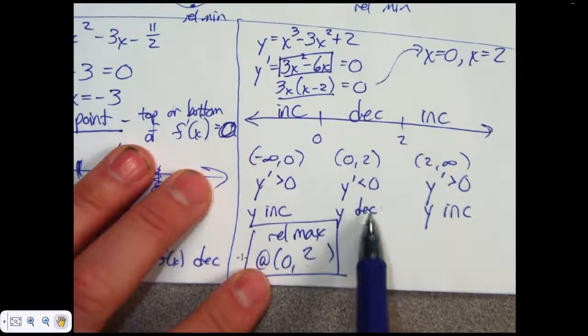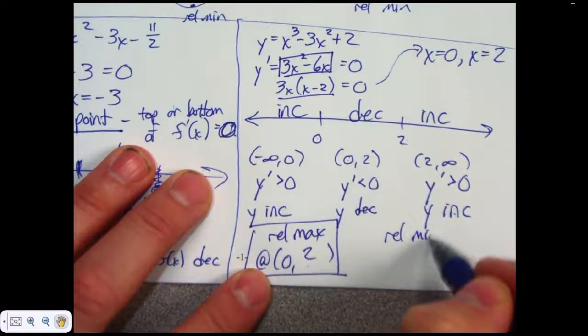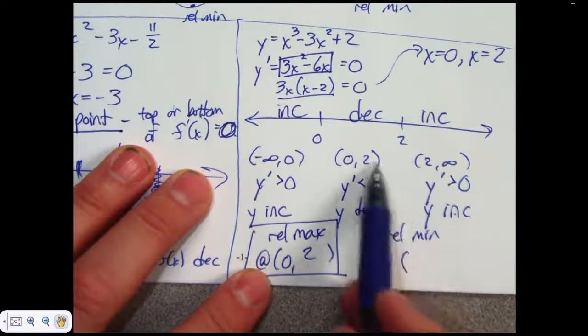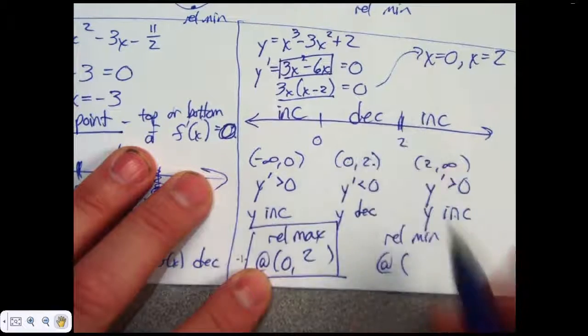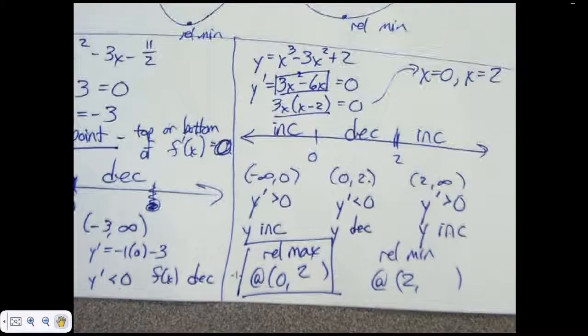And if the original switched from decreasing to increasing, I have a relative min, and it switched at 2. So it's at 2, comma, something. Again, plug that back into the original. That'd be 8 minus 12, which is negative 4, plus 2, so that should be negative 2.